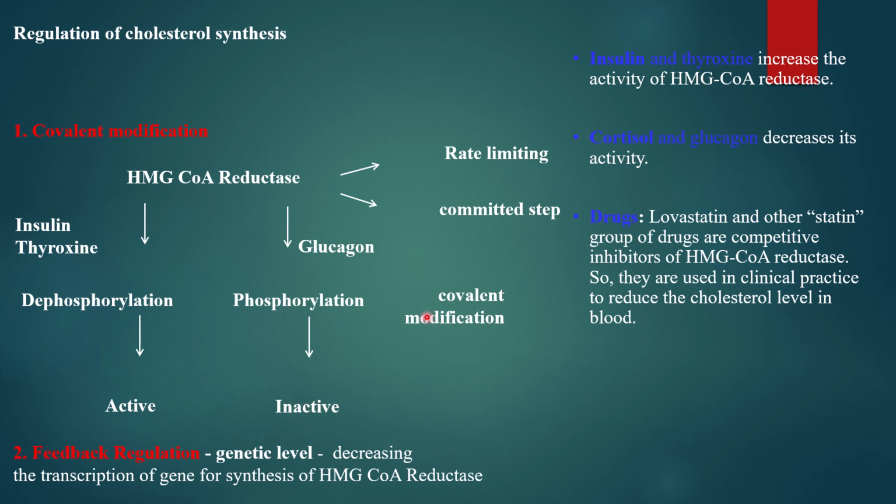Second important way is through covalent modification of the enzyme, and third is through feedback regulation, which happens at the genetic level, decreasing the transcription of the gene for synthesis of HMG coenzyme A reductase. So an excessive or sufficient amount of cholesterol will inhibit the transcription of the gene and inhibit the synthesis of HMG coenzyme A reductase.